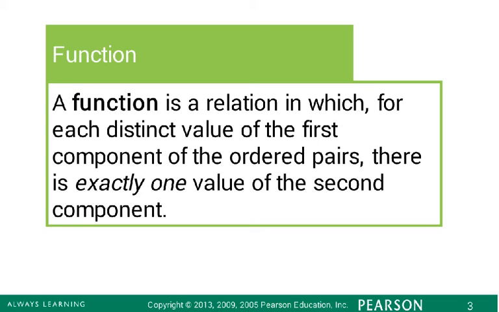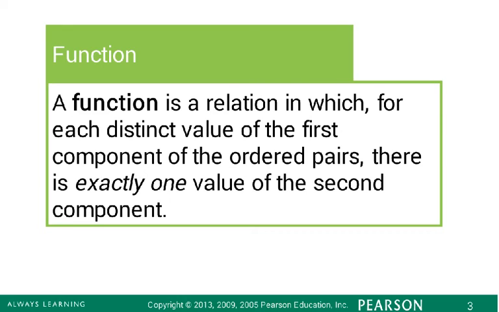A function is a relation in which for each distinct value of the first component, so x, of the ordered pairs, there is exactly one value of the second component. What this means is for one x value, there must be one y value.